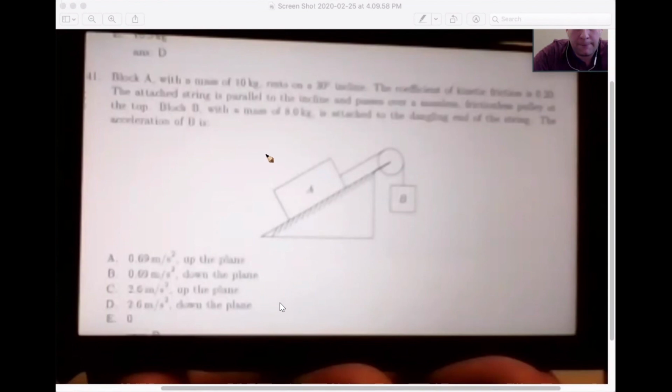And then is this 8? Okay, and that's pretty much all we need to know. So we need to find a of B.